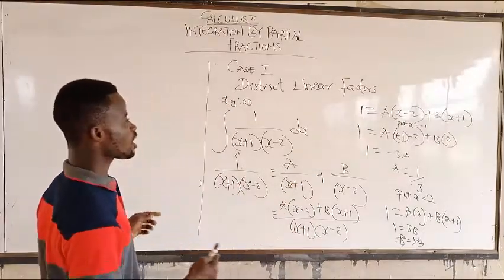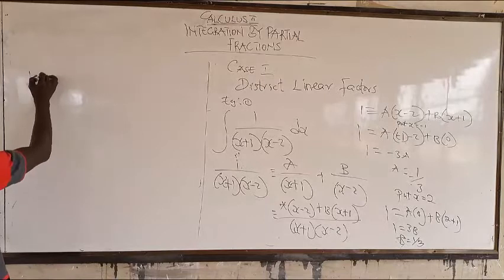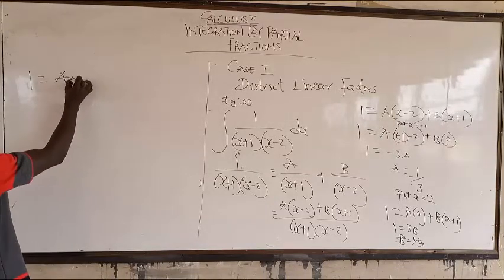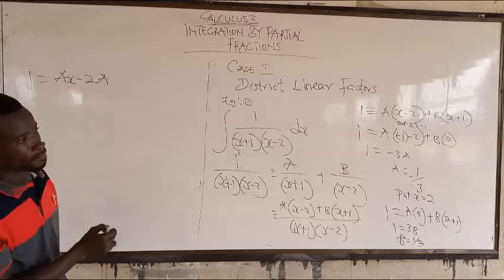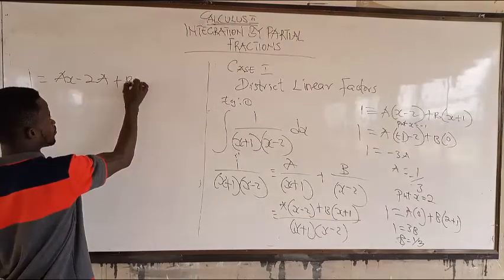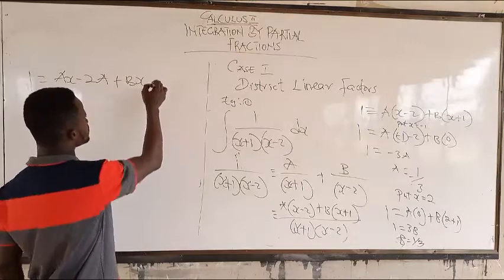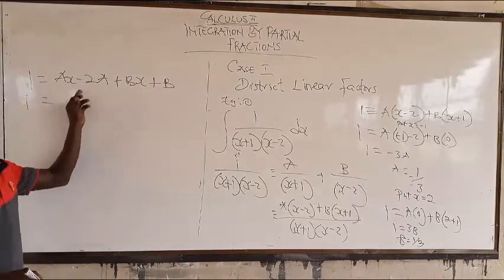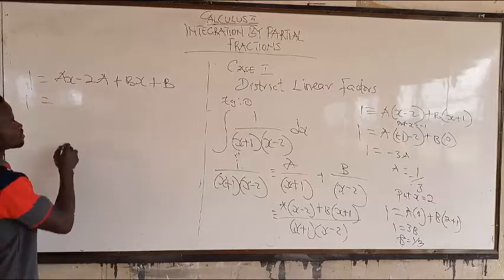Anyway, the other method will be like this. 1 is equal to, then you expand and simplify this. Then you group like this.